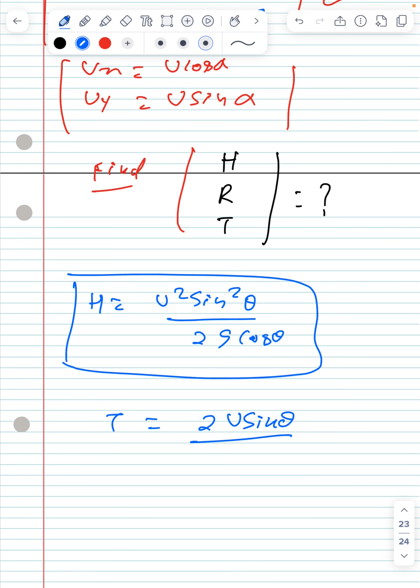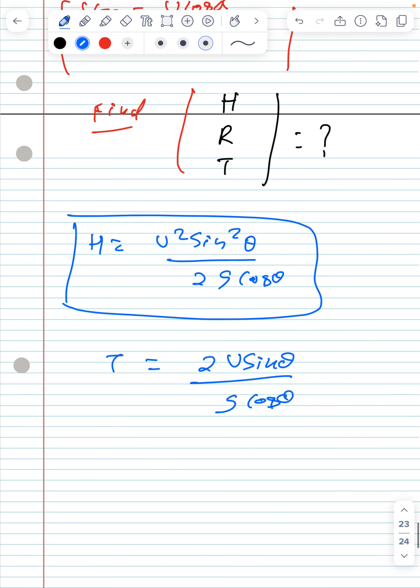And for the concept of height, the basic formula of height is u square sin square theta divided by 2g, only not using only g, using g cos theta, right.